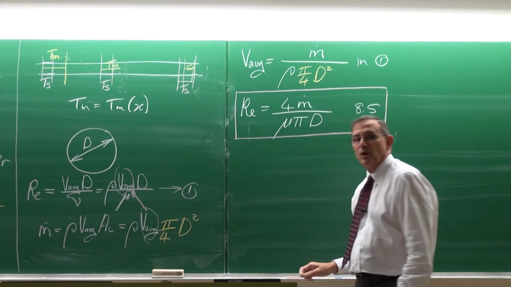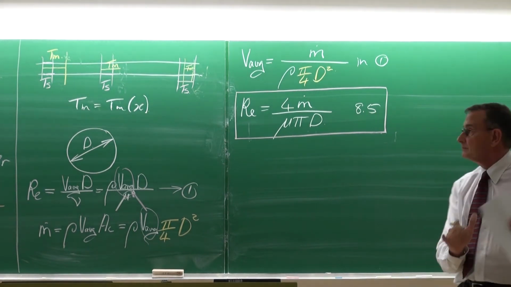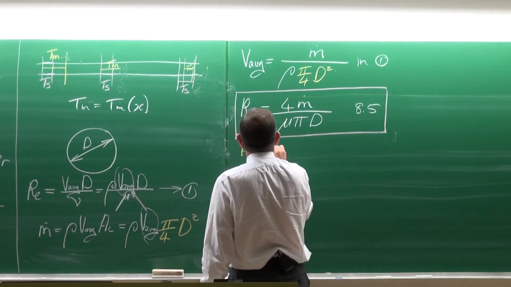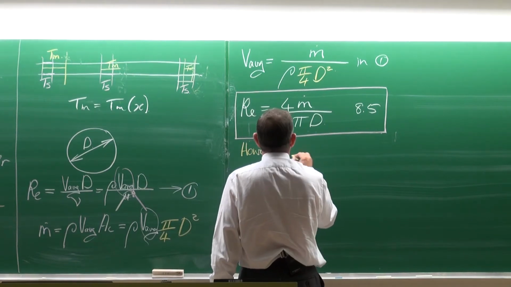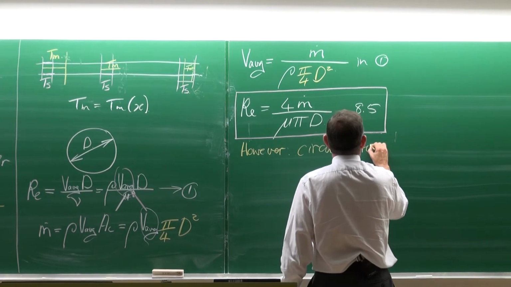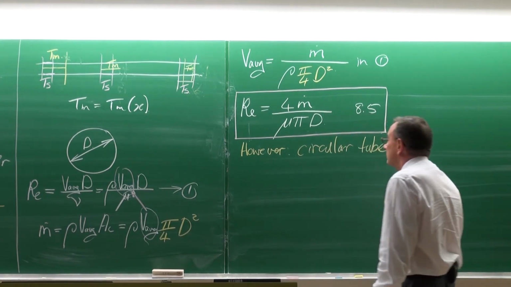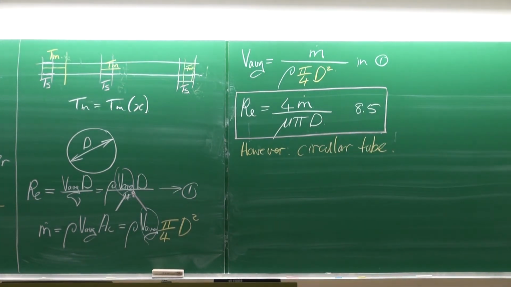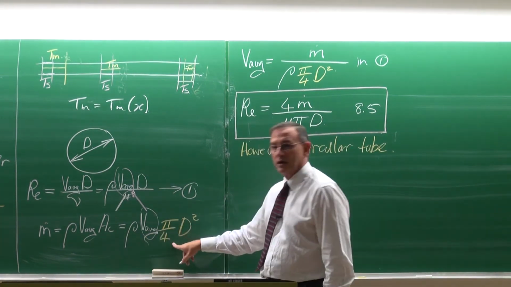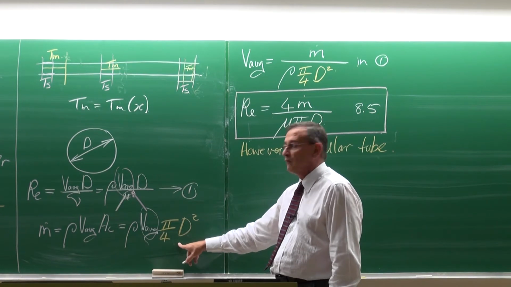There is, however, a caveat. And what is the caveat? This is valid only for a circular tube. For the cross-sectional area, we've used pi over 4 d squared.